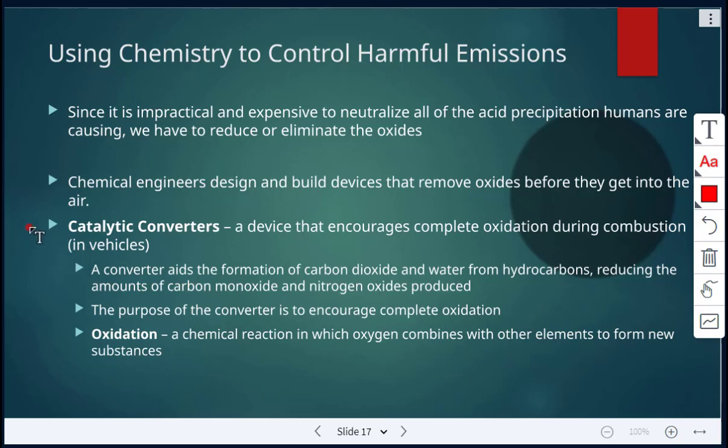These are devices in vehicles that encourage complete oxidation during combustion. A converter aids the formation of carbon dioxide and water from hydrocarbons, reducing the amount of carbon monoxide and nitrogen oxides produced. So basically the purpose of the converter is to encourage complete oxidation. That's the reaction where oxygen combines with other elements to form new substances.